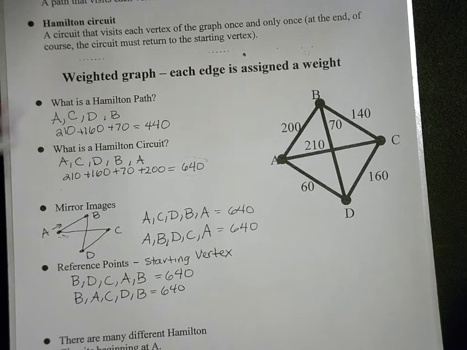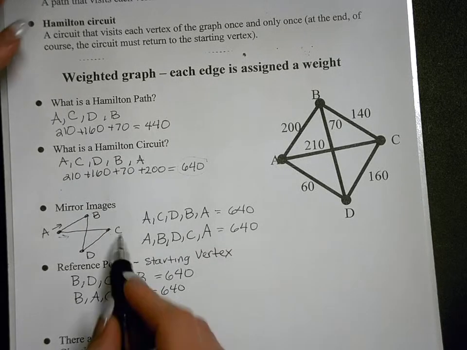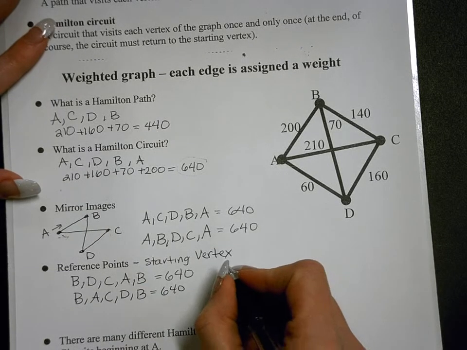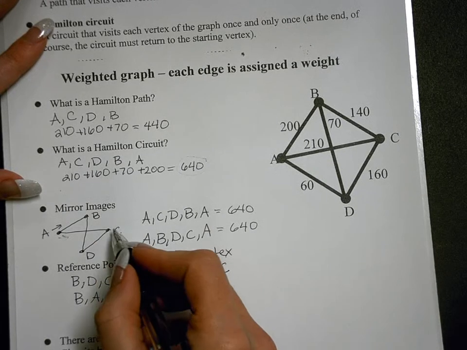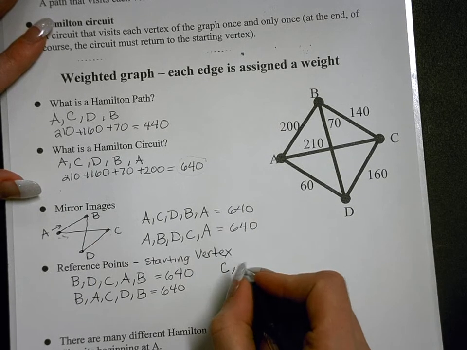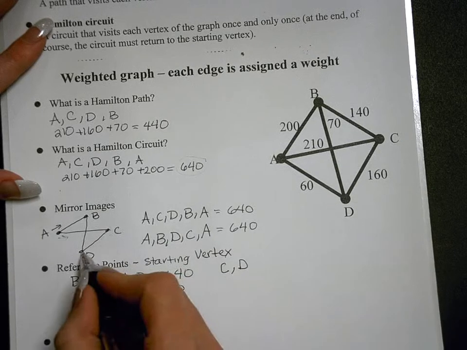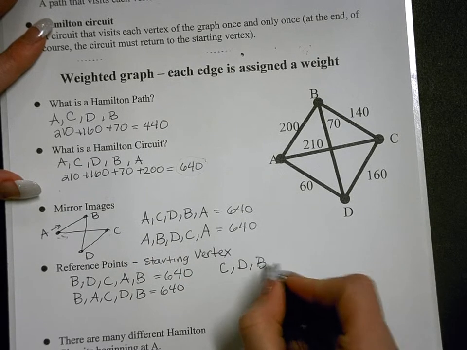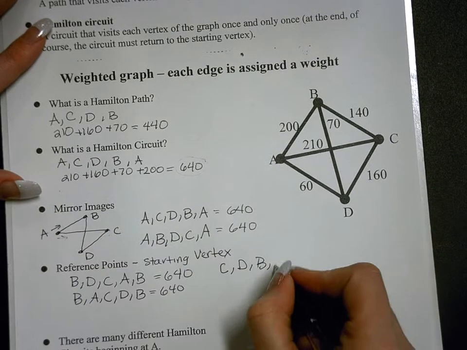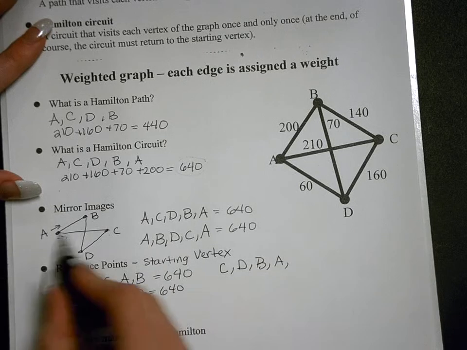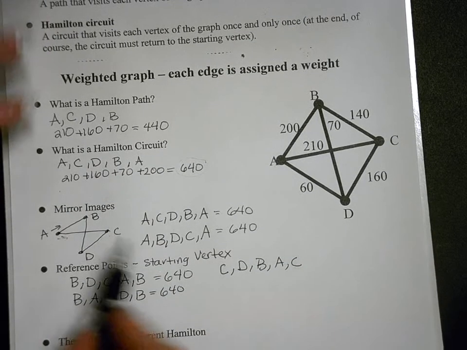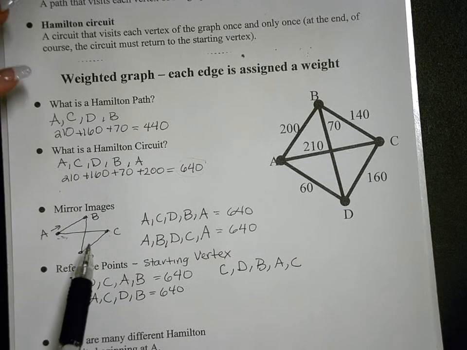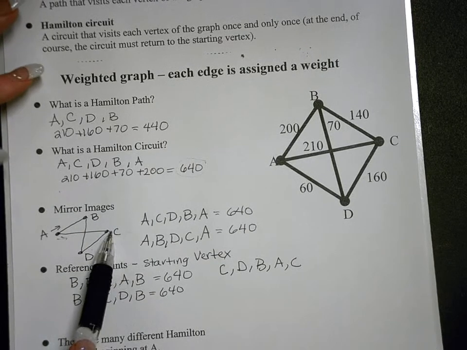Let's go ahead and write it again, but let's have it start at C. If we start at C, we can either go CD or we can go CA. Let's go CD. C, D, B, A, and then back to C. That would just be writing the same circuit, but changing the reference point to C.